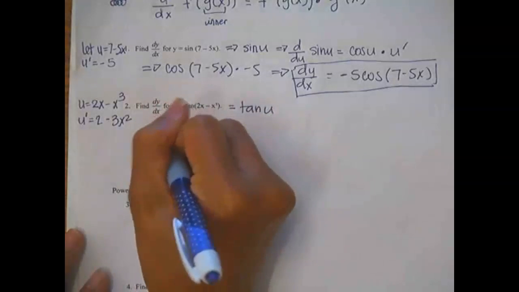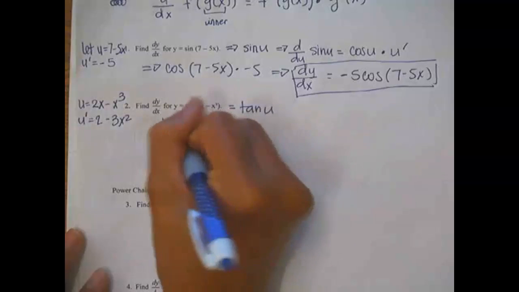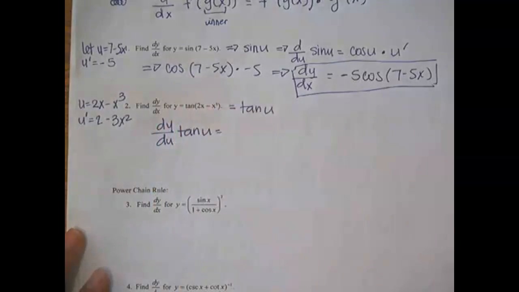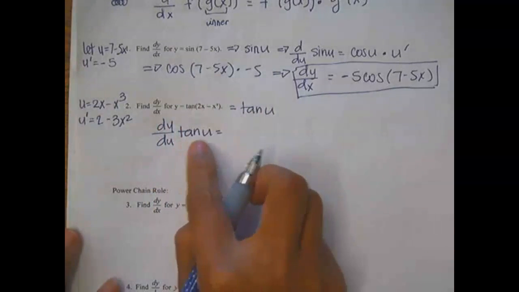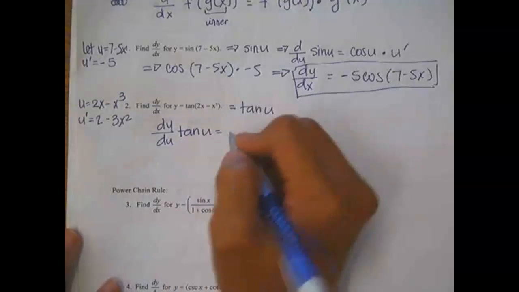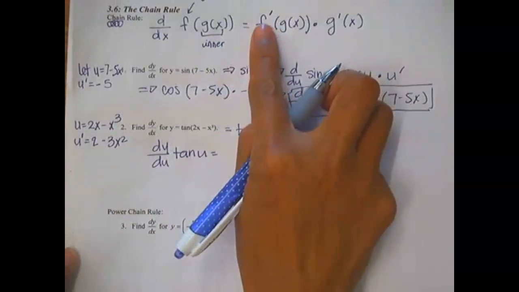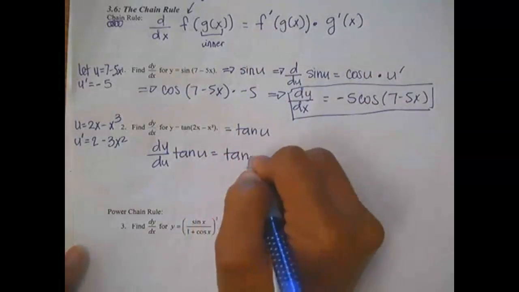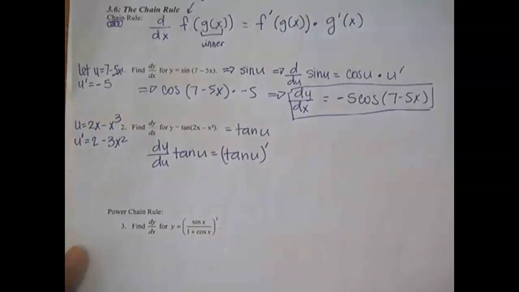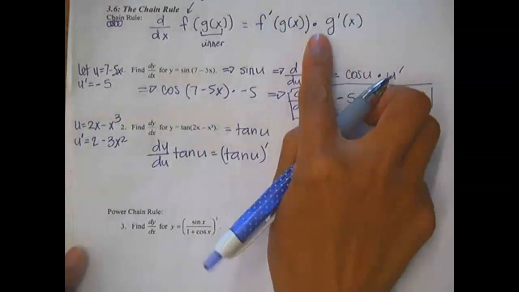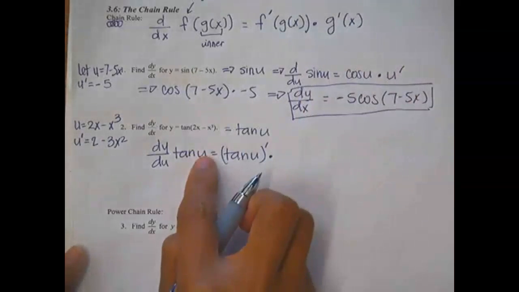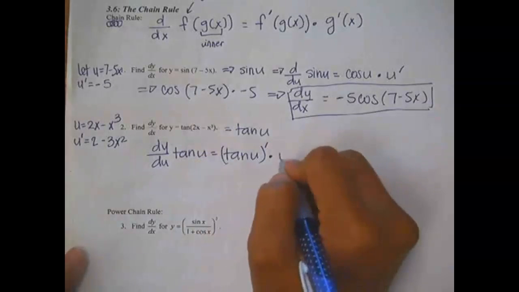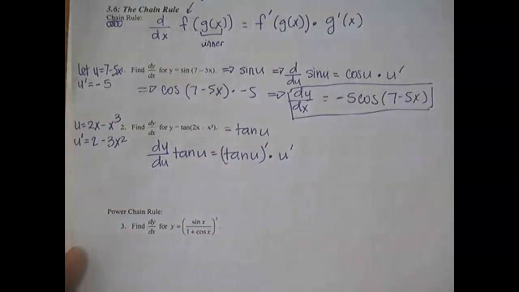So dy du of tangent of u is, okay? So this is your inner component, this is your outer component. So according to the definition, it's going to be the first derivative of the outer component. So right now, we can take, hey, let's do the derivative of tangent. Then I need to multiply by the derivative of the inner component. Well, the derivative of u is currently just u prime, okay?